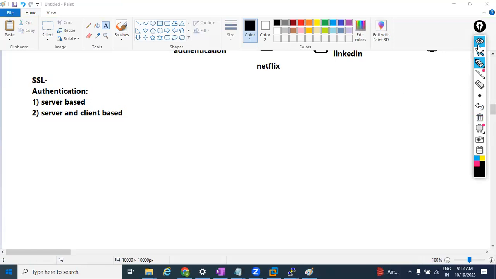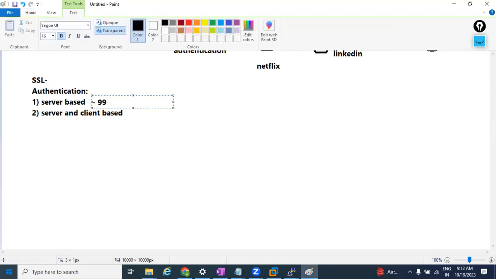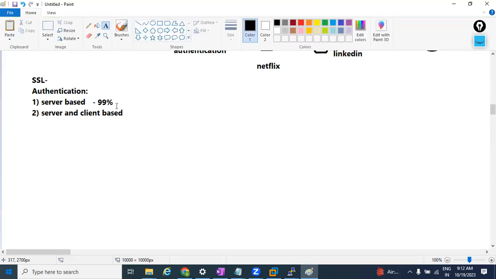In the real world, when we talk about normal users, in 99% of cases we use only server based. The reason is, if we enable server and client, then the client also needs a digital certificate, and these are paid services. So as a technical person, you have to buy a certificate from somewhere and upload it on your PC.